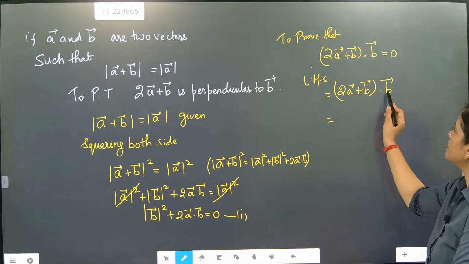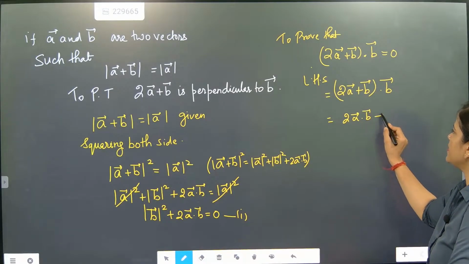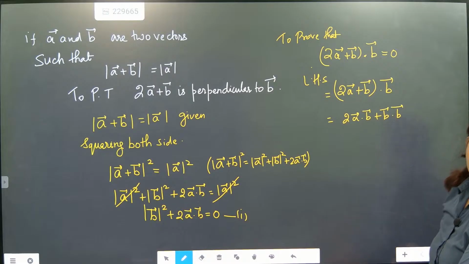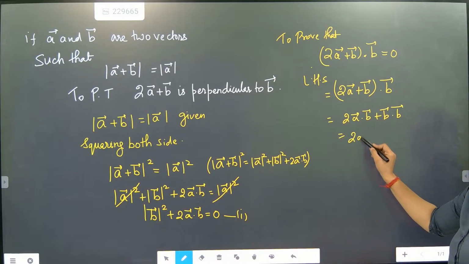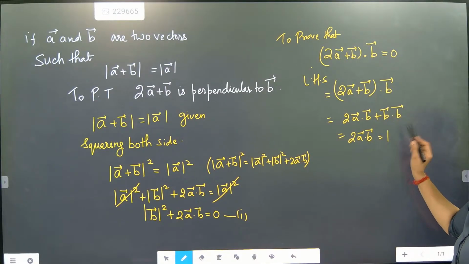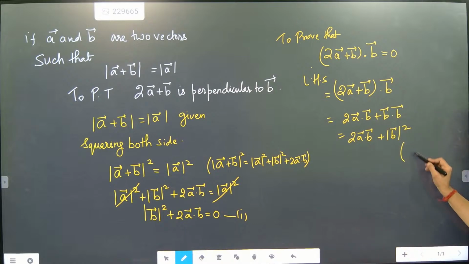Now what we will do? This will multiply: 2A vector dot B vector plus B vector dot B vector. Now 2A vector dot B vector will be as it is. B vector dot B vector formula is what? Modulus of B vector whole square, because just now we learned A vector dot A vector is modulus of A vector whole square.